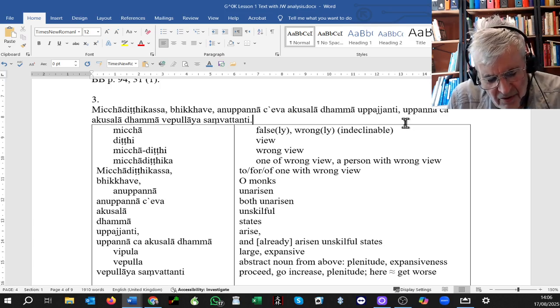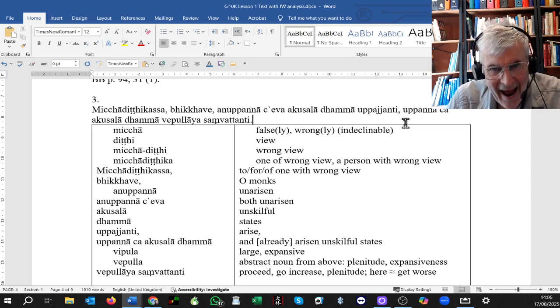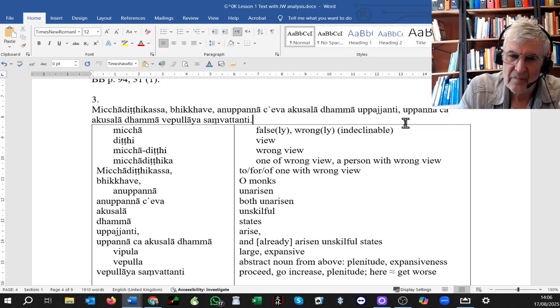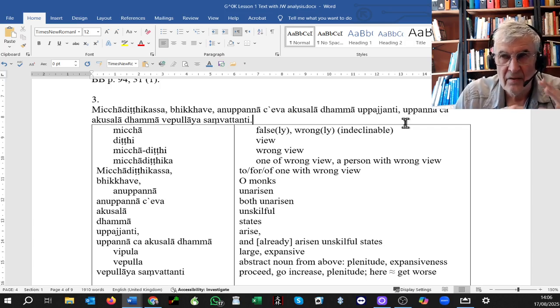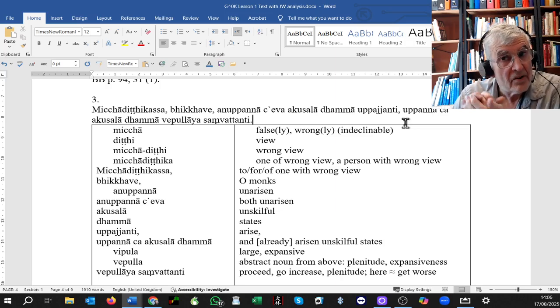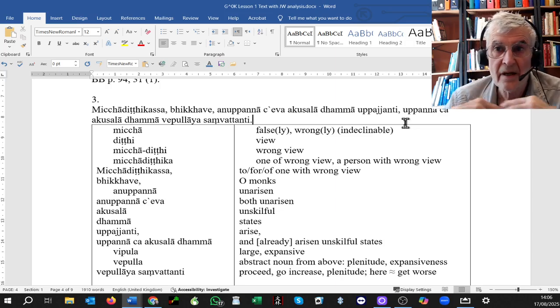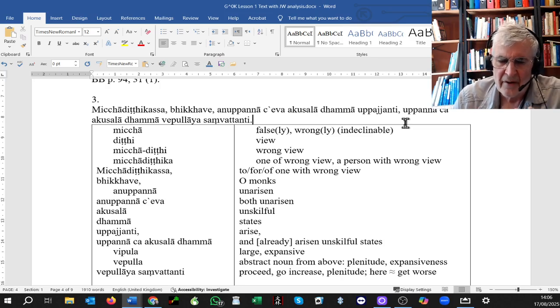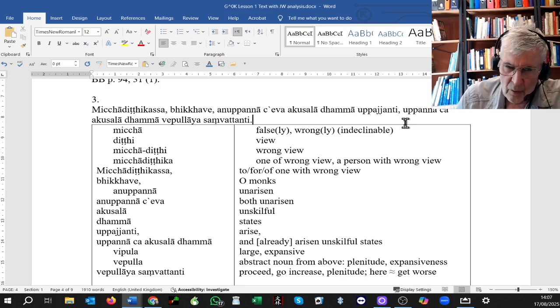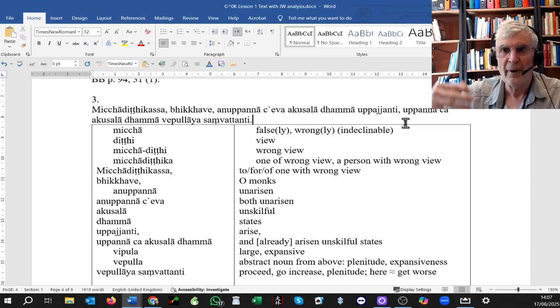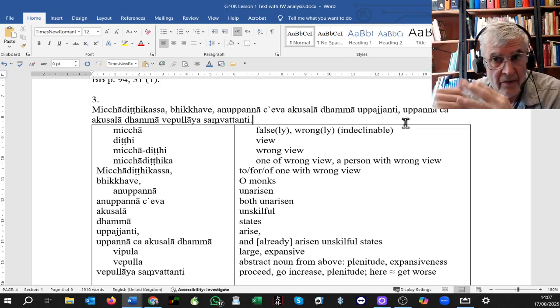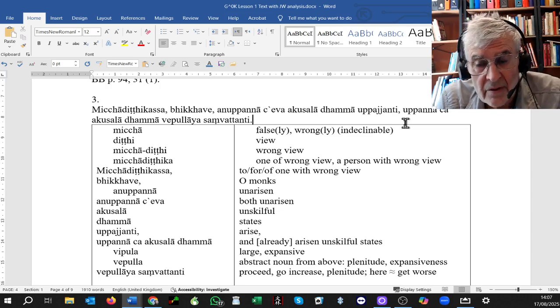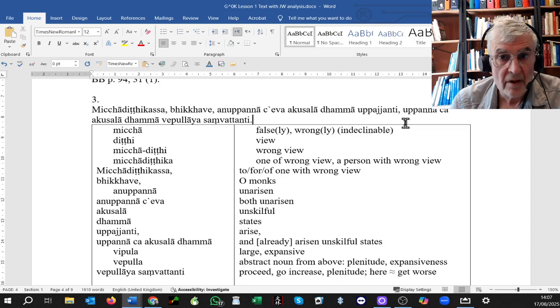Utpada can be used to mean just the act of arising, whereas with the prefix, samuppada tends to indicate the completed result of that act, therefore actually being born, coming into existence. The distinction isn't hard and fast, but there's that undertone there. Uppada, the act of arising; samuppada, the completion of that act, and the thing that comes into being as a result of the arising.